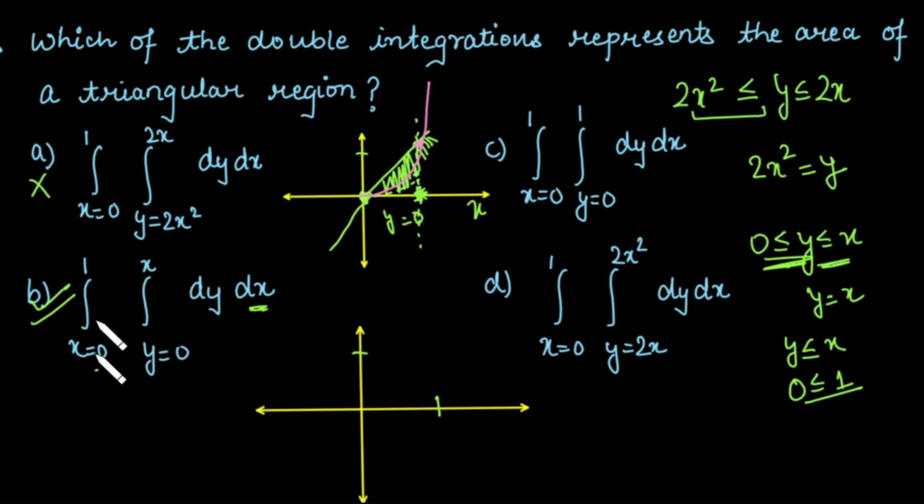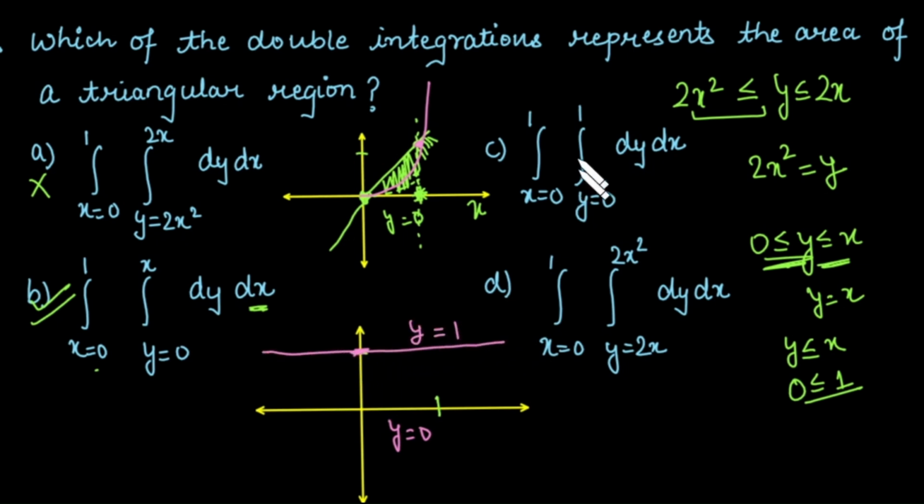जब भी आपके पास कांस्टेंट लिमिट्स होती हैं, बेसिकली वो एक लाइन होती है representing x is equal to 1. Like in option C, if I say y is equal to 0, y is equal to 0 means straight line, that is x axis. Y is equal to 1 is a straight line.